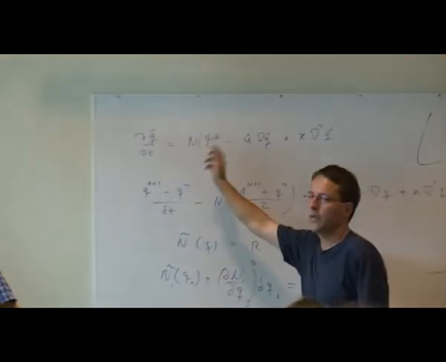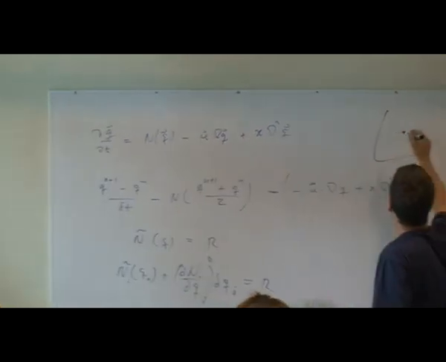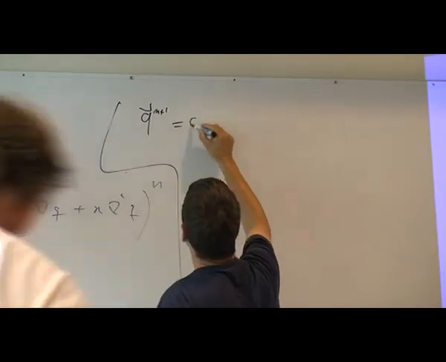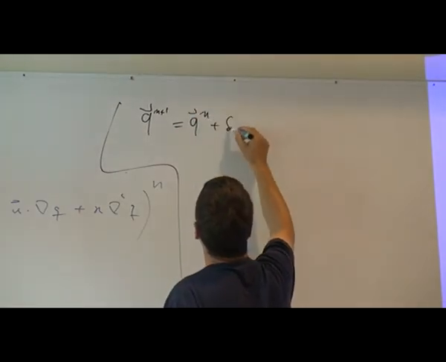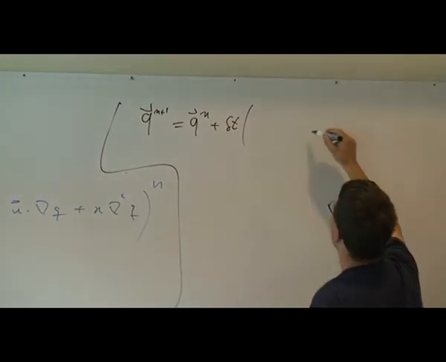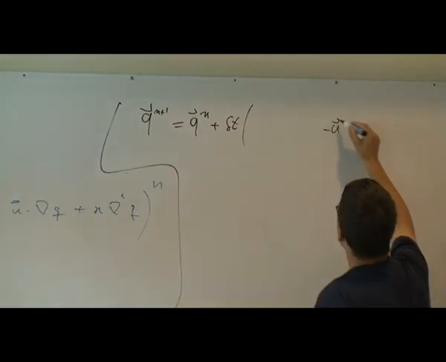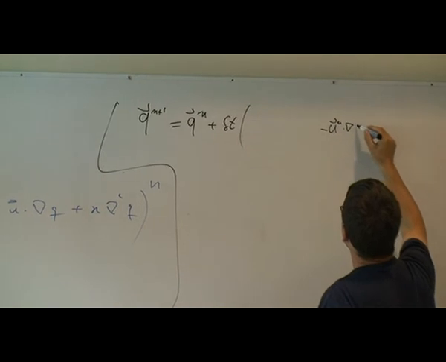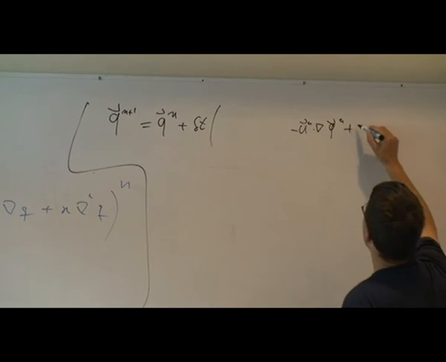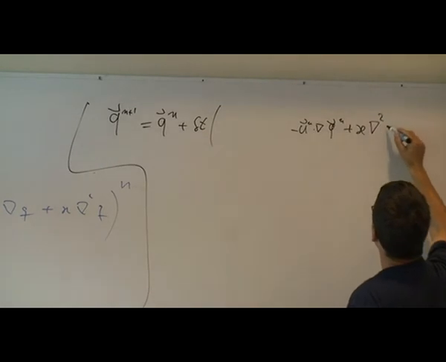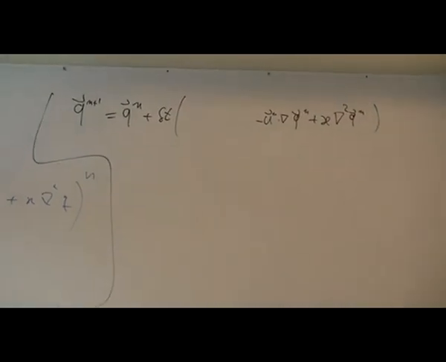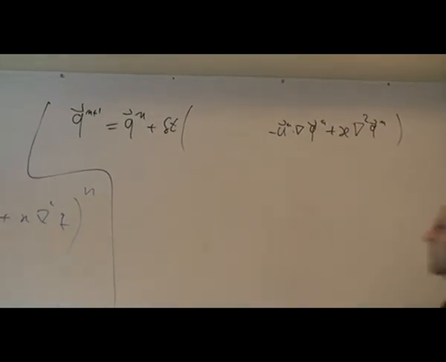When we do the individual substeps, at that point we say Q^{n+1} is Q^n plus delta t, and then, at least for the terms here, we say minus u^n dot grad Q^n plus kappa Laplacian Q^n. So for all the time steps, we just do this simple Euler time stepping, right?